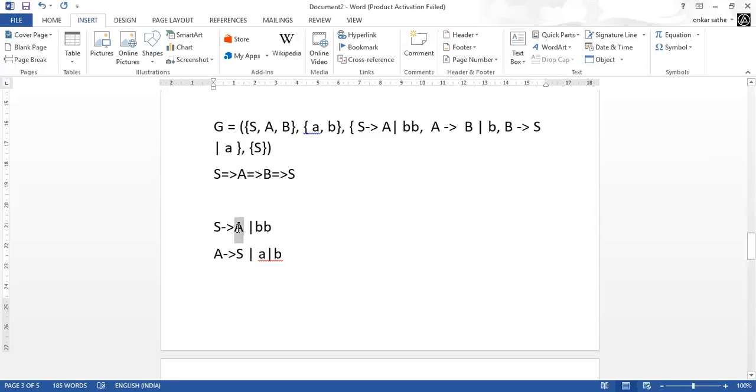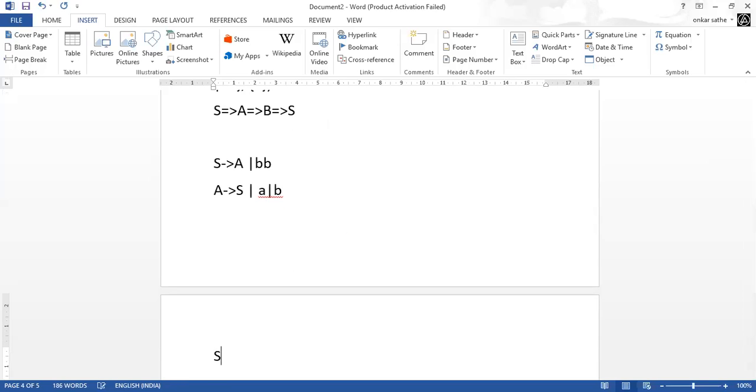Then we will replace this A by its corresponding non-unit productions. So here S gives S or small a or small b or BB as it is.